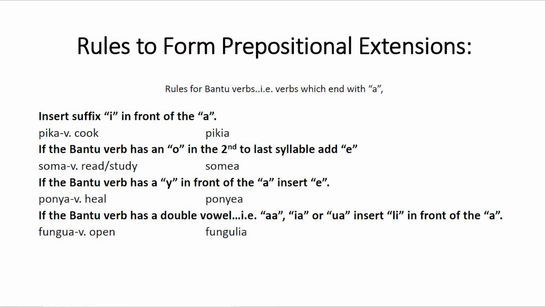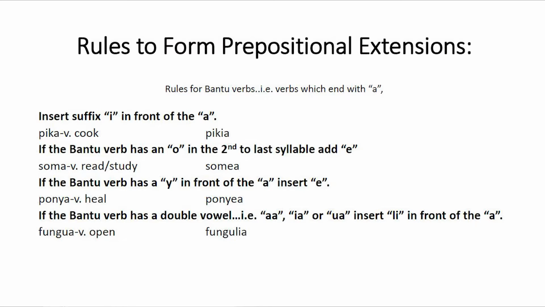So let's look at the rules to form prepositional extensions, since you probably don't have a Swahili grammar book or textbook. These rules are pretty standard and they're reliable. So we're looking at the Bantu verb first.